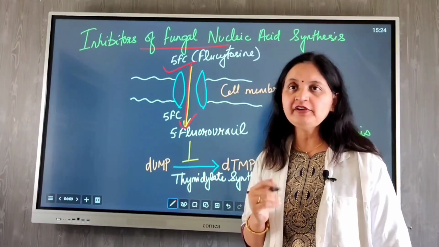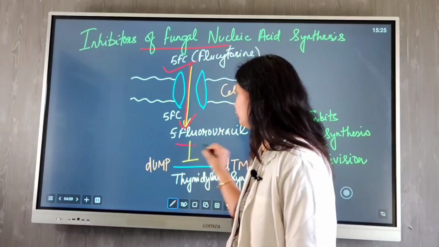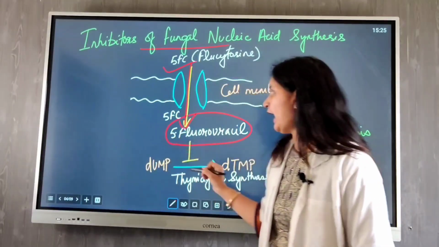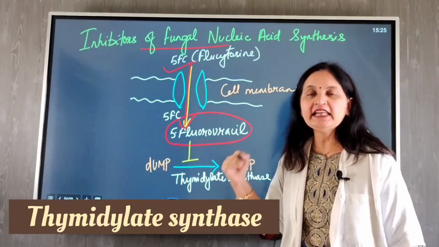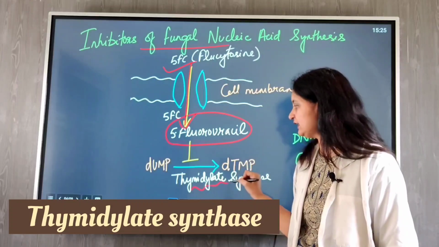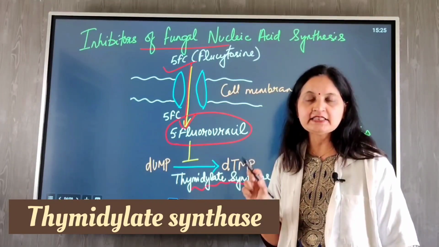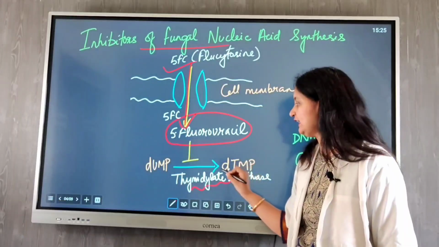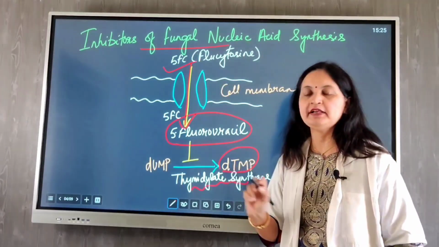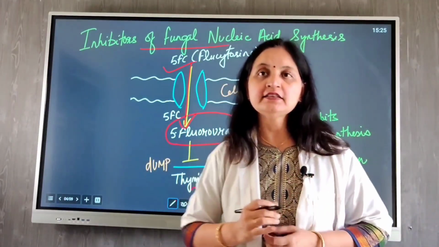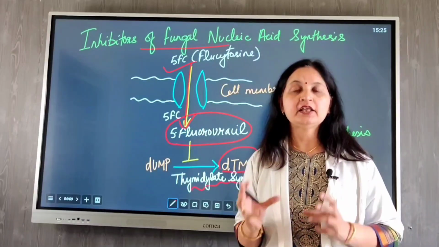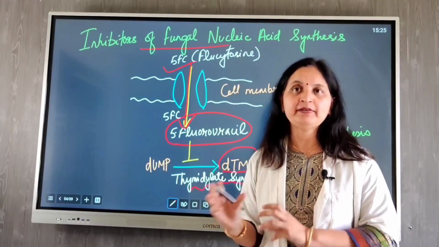Upon entry into the fungal cell, the drug gets converted to 5-fluorouracil, and after conversion it inhibits the thymidylate synthase enzyme. Because of this inhibition, deoxythymidylate formation is inhibited, DNA and RNA synthesis is inhibited, and this inhibits fungal genetic replication.